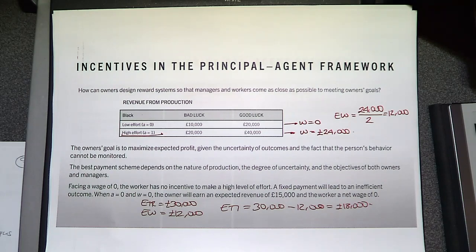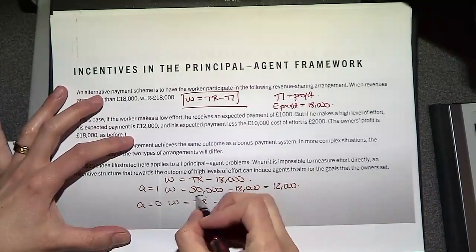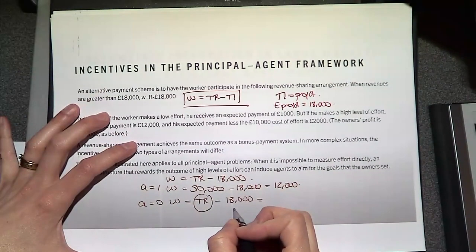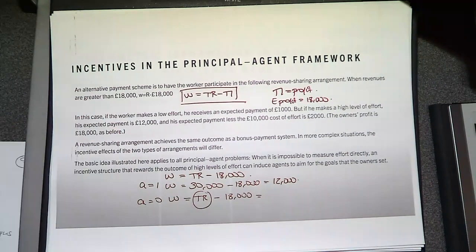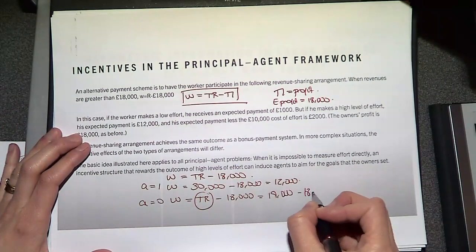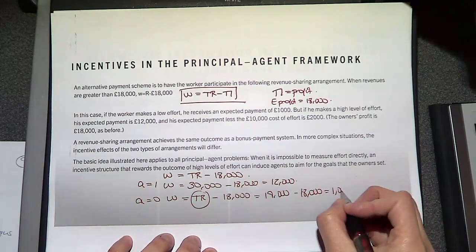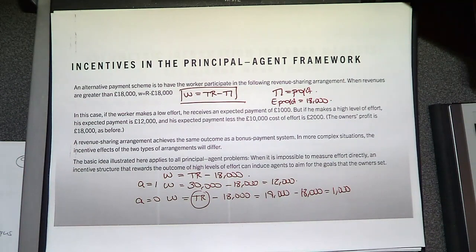So at the very least, we will expect the worker to want to be on a positive salary, right? So at the very least, we will expect the worker to want this total revenue to be above 18,000. So 18,100 or 19,000 minimum. Above 18,000, okay? Otherwise, you will not want to be low effort at all.